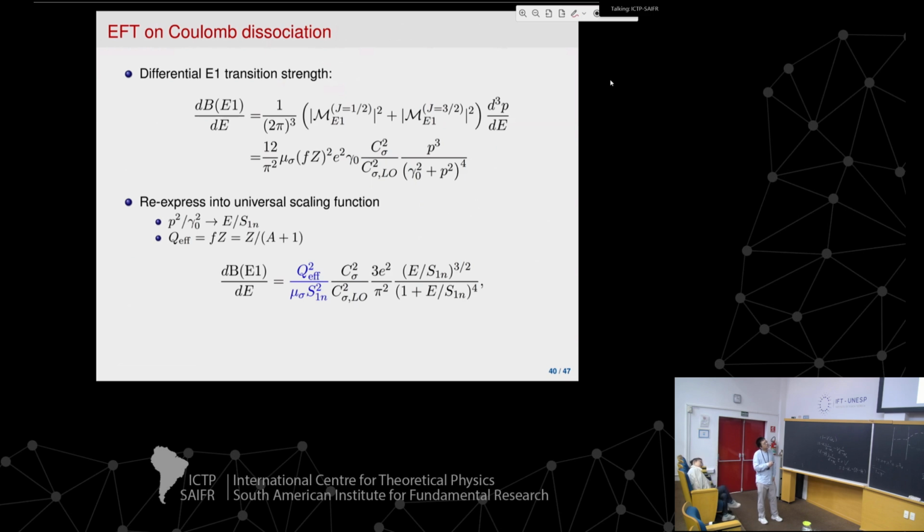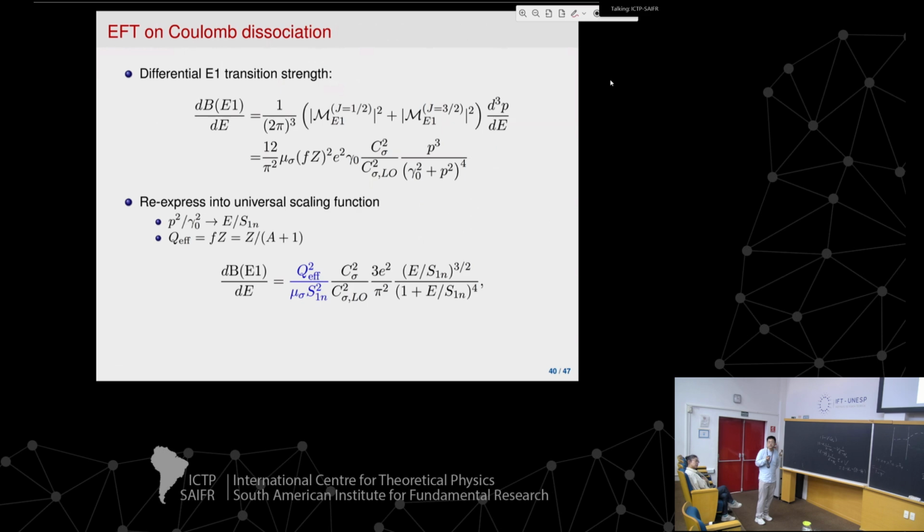You can define this Q effective, which means a coefficient of 1/(A+1) times the charge number of the core particle, or the halo part of the one-neutron halo. Then dB(E1)/dE can be written in this new form, and it has a constant coefficient times a function of the ratio of E minus the one-neutron separation energy. So it basically turns into a scaling function.